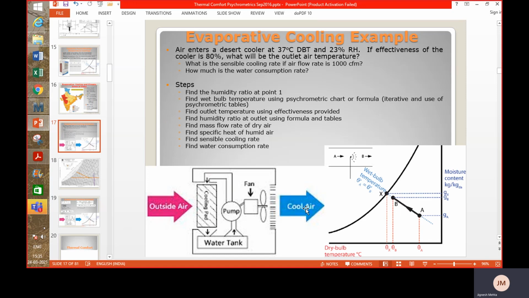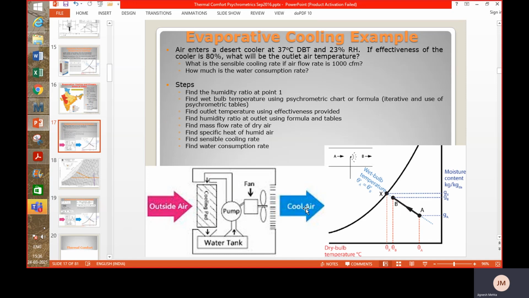So what will be the steps when you want to solve this problem? First thing that will be done is find the humidity ratio at point 1, the entry condition. Dry bulb temperature and RH are available, but the humidity ratio can be found. Even before that, you can find the wet bulb temperature using the psychrometric chart, or you can use a formula.